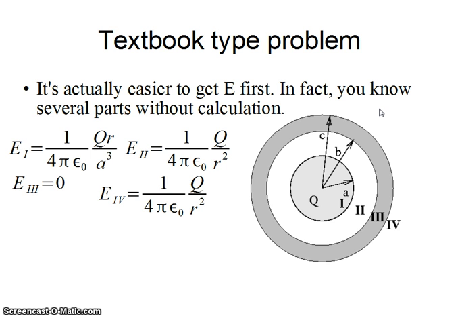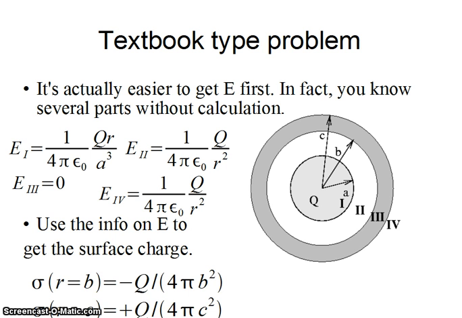So I divide by the areas of those spheres. At r equals b, I get negative Q over 4 pi b squared. And at r equals c, I get plus Q over 4 pi c squared. Again, the net charge, thinking about Gauss's law, no real calculation. The surface charge density, I divide by the surface area.